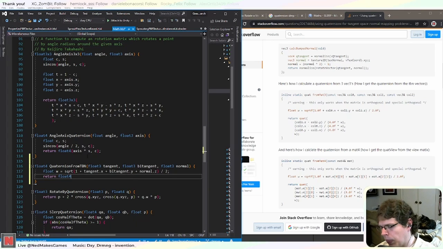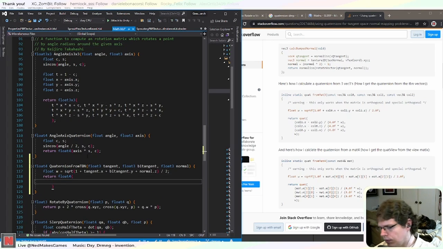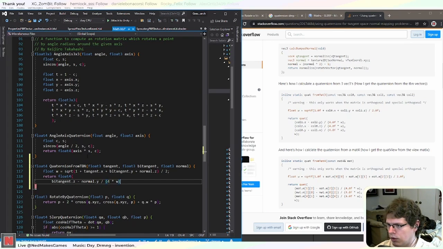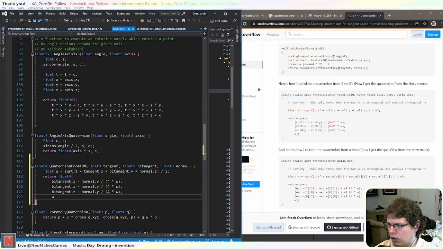Okay. Bitangent dot z minus normal dot y divided by 4 times w. Okay, and then make sure that I'm cross-referencing this right.